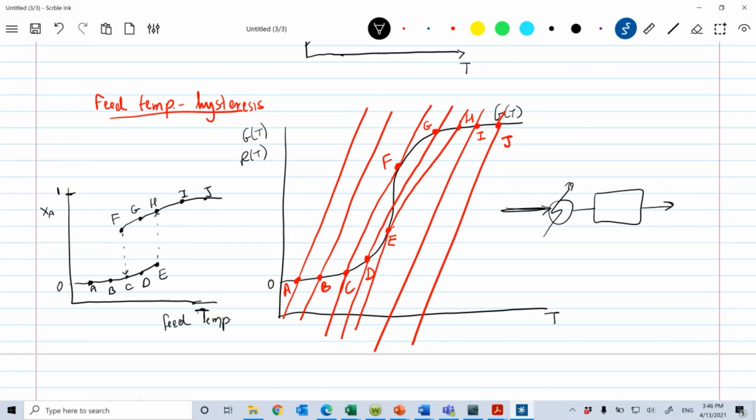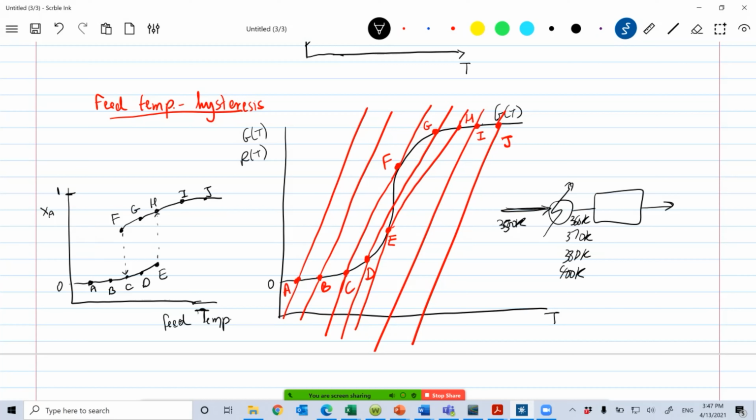So if your feed is at, let's say, 350 Kelvin, and then you say, okay, I'm going to heat it up to 360, and I'm sending it to the reactor. And then you say, oh, there's no conversion, so let's heat it up to 370. Send it to the reactor. Then to 380. So this is how we're walking through these points. But suddenly you get to 400 Kelvin, and it goes from no conversion to a lot of heat being generated because of high conversion.